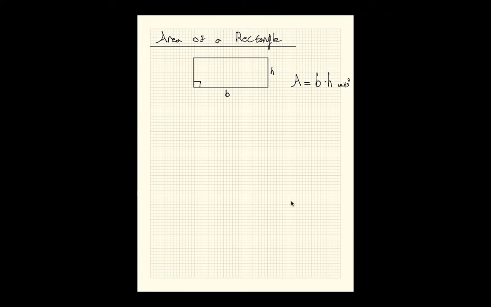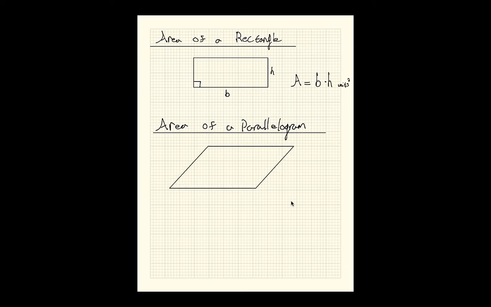We also have parallelograms. So area of a parallelogram. Okay. The formula is not different, but a parallelogram actually has the same formula. Formula is not going to be different. If you remember about a parallelogram, it's a quadrilateral, meaning it has 4 sides.